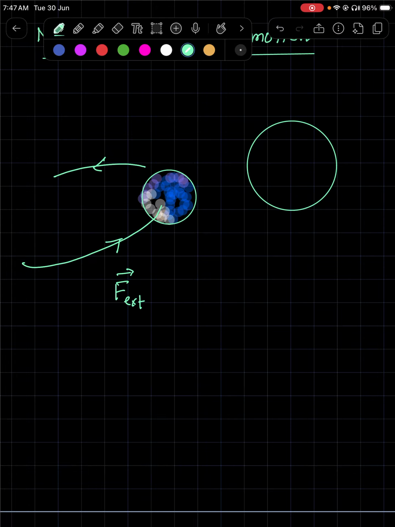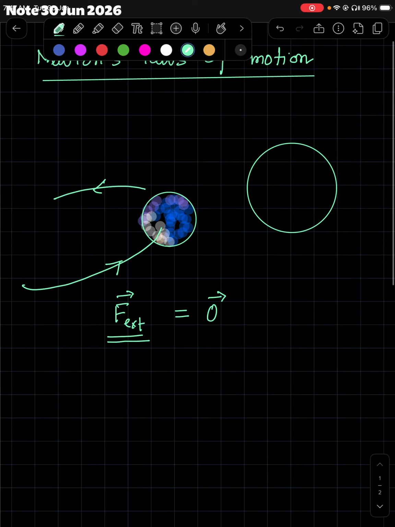So it is telling the total force. If the external force is not applied, that is, it is made zero, then the state of the motion is unchanged. It remains unchanged.